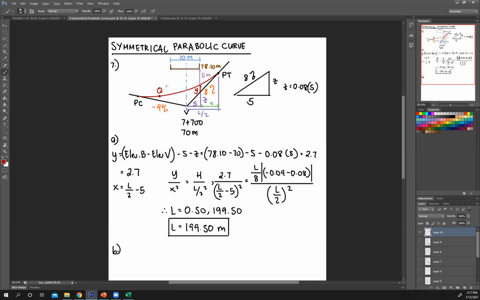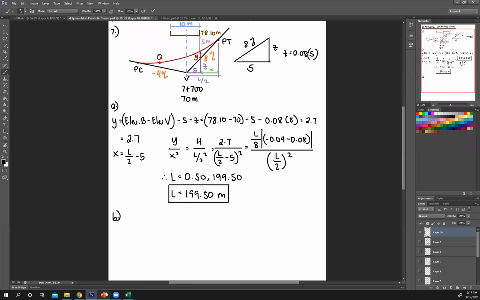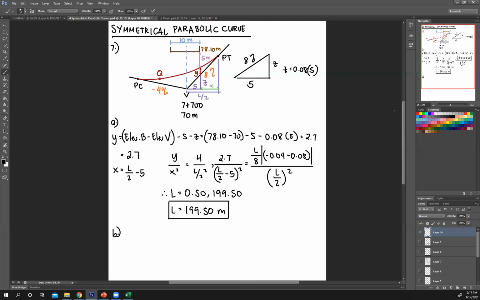Q. Again, reminder: the denominator is always the shortest length. So here, where our point is this, x is from the PT since it's shorter than taking it from the PC. So that's Q, just a sidebar. Again, we're looking for the stationing of Q. Since I know the stationing, it's 7 plus 700.